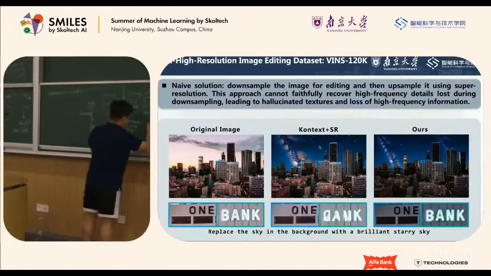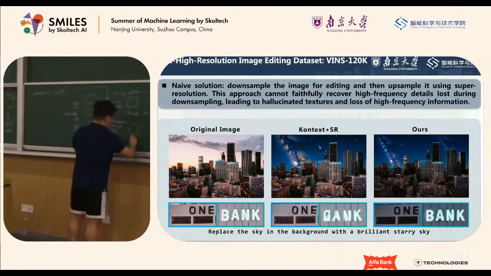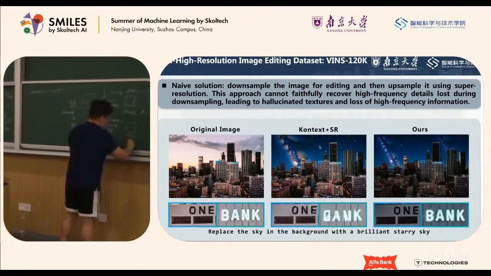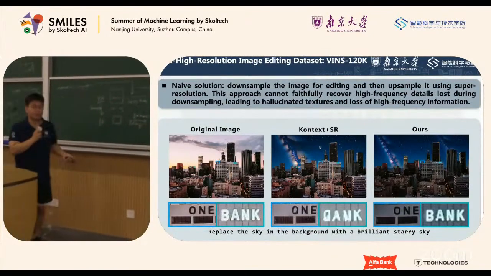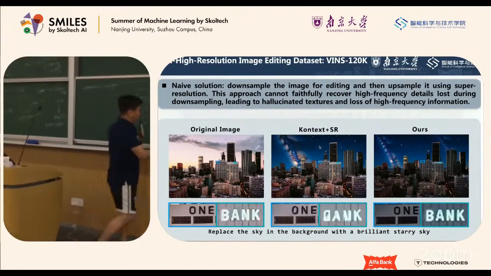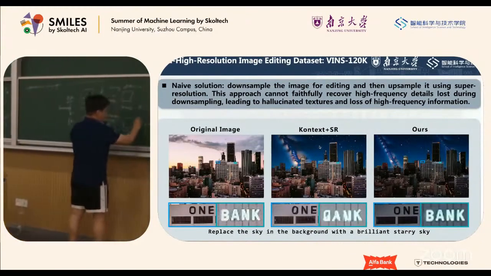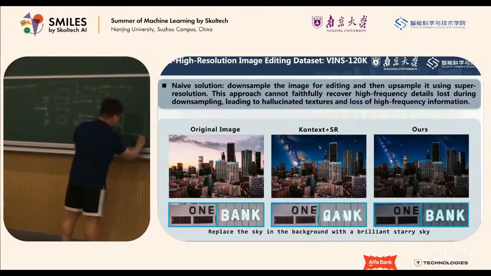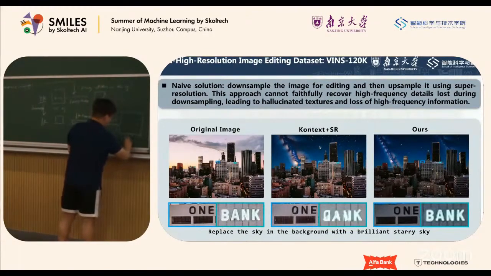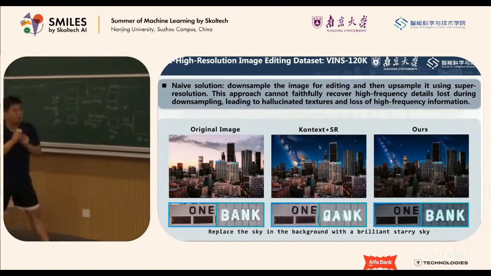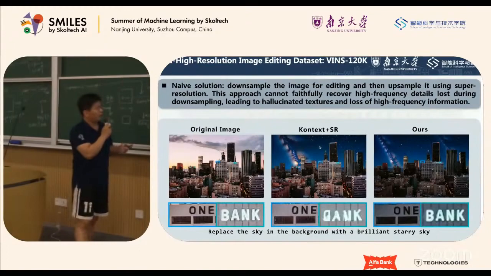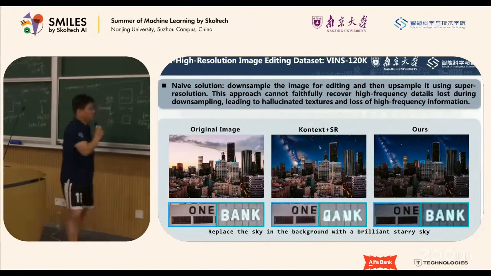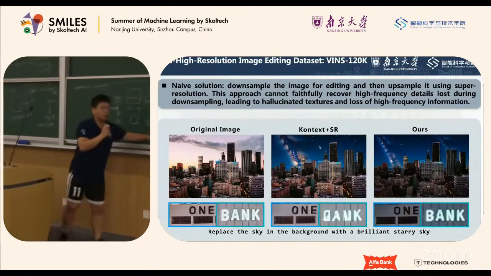So we have a 1K result, which may be good. After that, we use a super resolution model, and finally we get a 4K result. So this is the editing plus SR model pipeline.